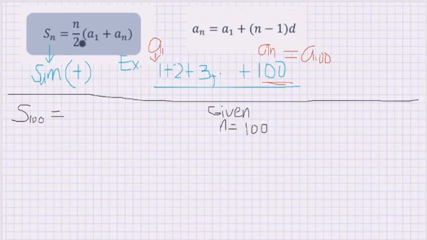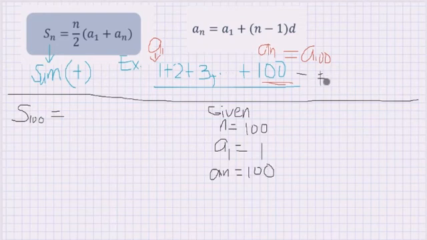Our n is 100 because there are 100 elements in the given sequence, our first term is 1, and our last term, or the nth term, is 100.